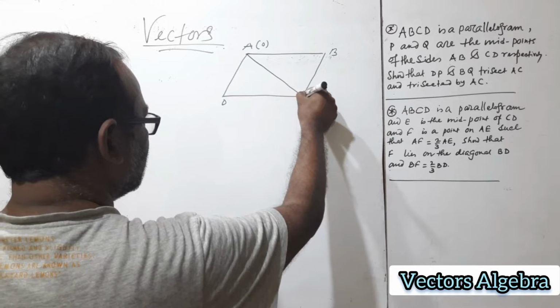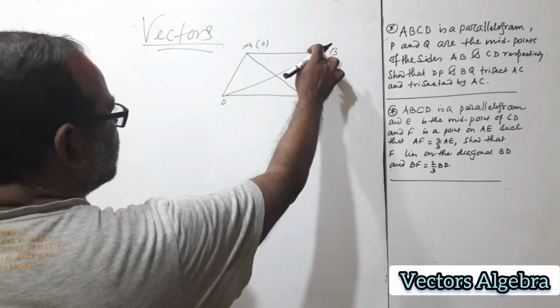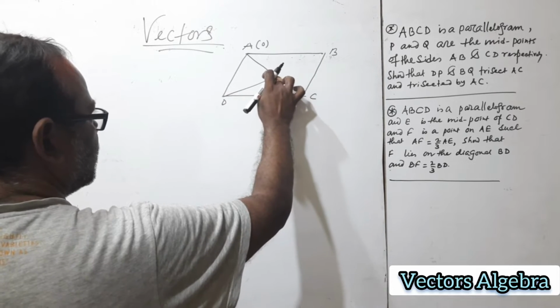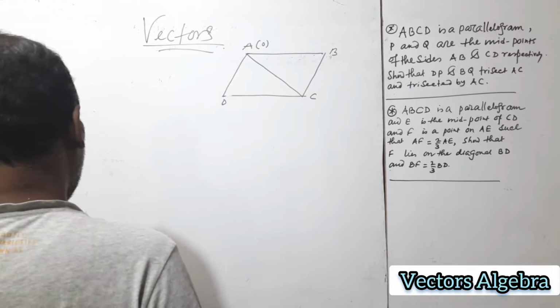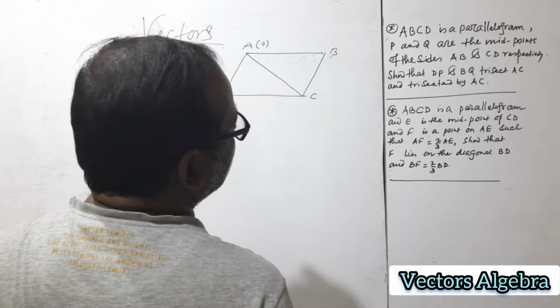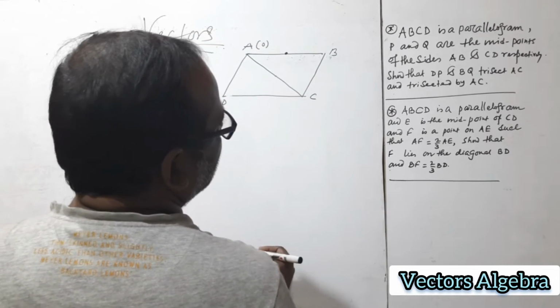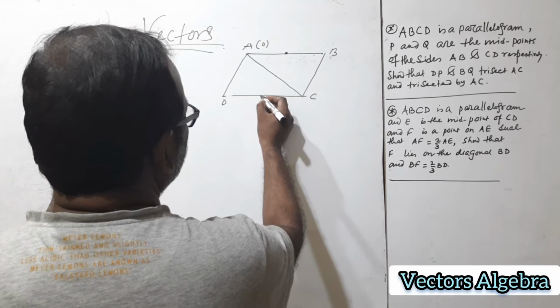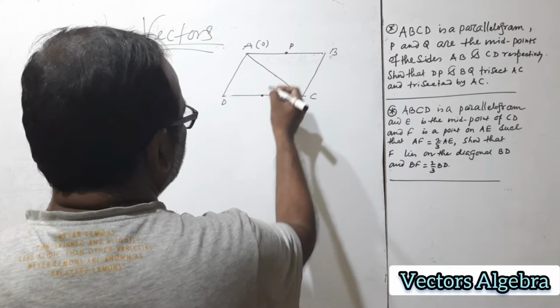Join the two diagonals, the diagonal AC. And P and Q are the midpoints: P is the midpoint of AB and Q is the midpoint of CD. This is P and this is Q.